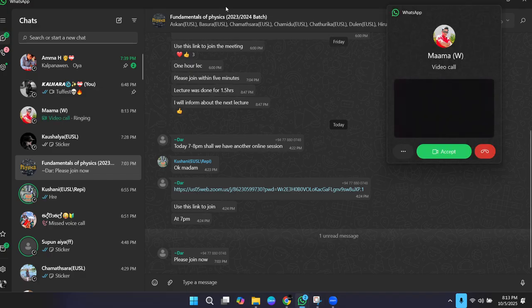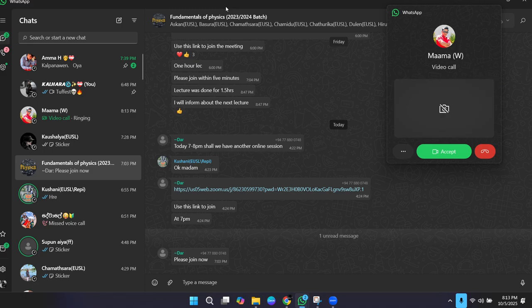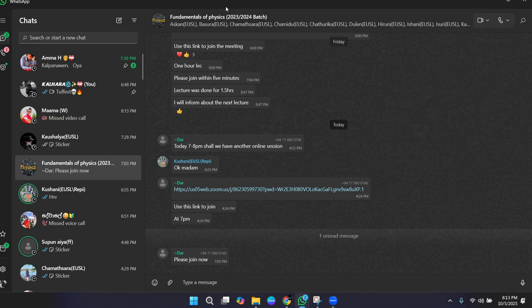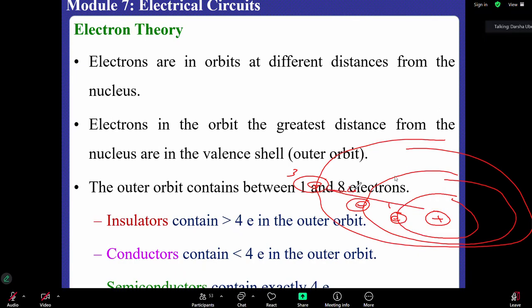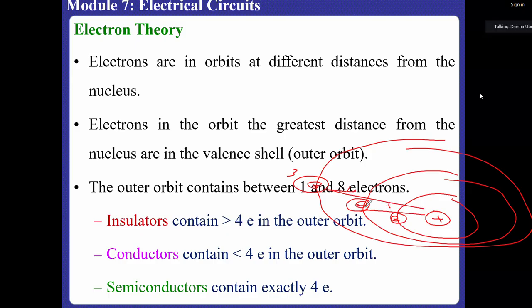Electron 3 we can remove very easily. The reason is the force between the nucleus and electron 3 is very small because the distance is high. Electron 2 and the nucleus have another force, maybe a little higher than the earlier force.